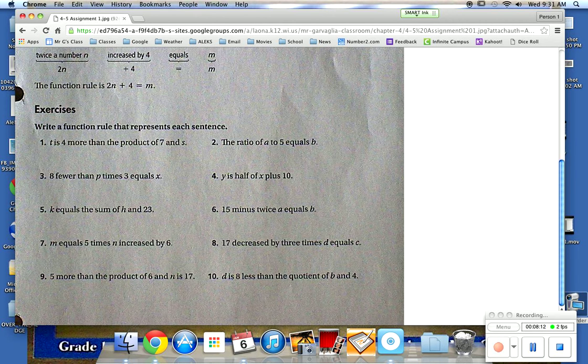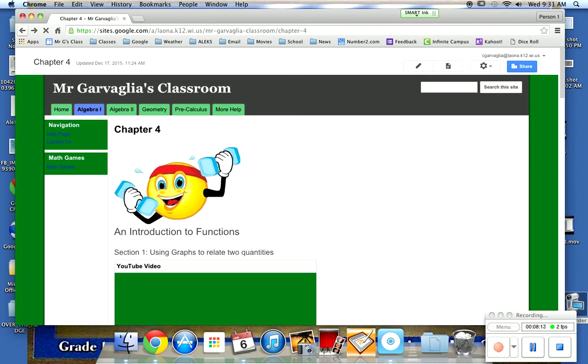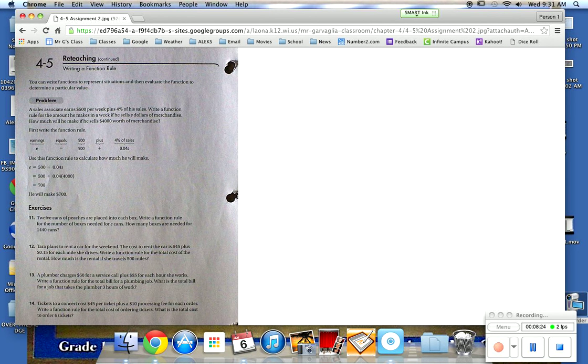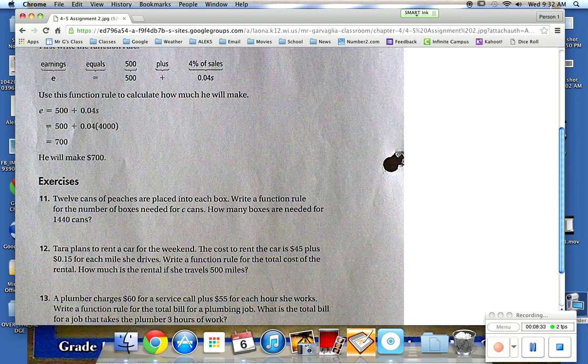Oh, we got to get over to the other page. This is getting into more of the word problems.